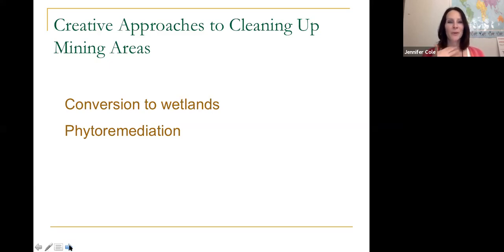And when you convert places to wetlands, you can phytoremediate, which means to use plants. So phyto is the Greek word, which means plant, and remediate is the Latin word. I don't know why they grouped the Greek and the Latin word together, which is remedium, restoring balance. So you can use plants. Plants will, and again, this is the topic of another class. I always have to rein myself in here because I'll spend 8 hours talking about phytoremediation.